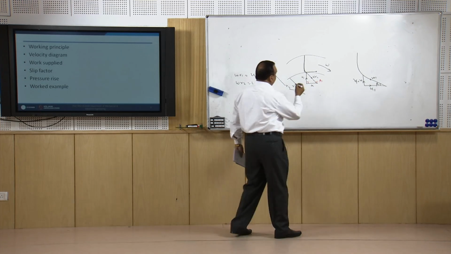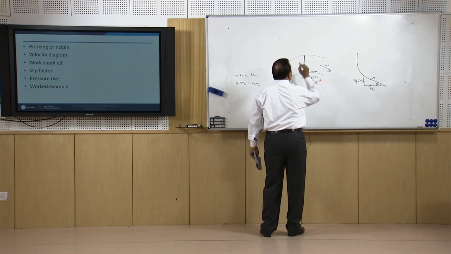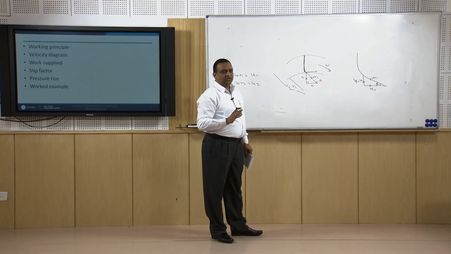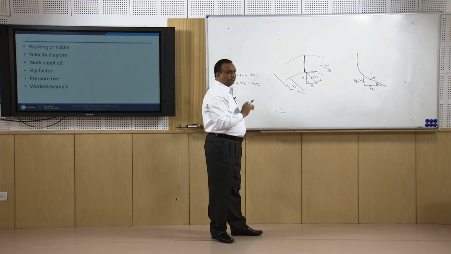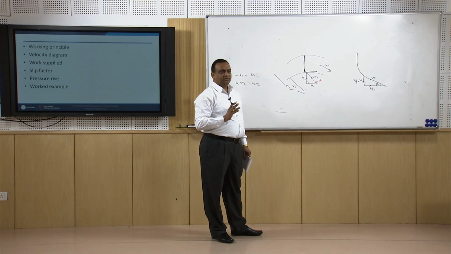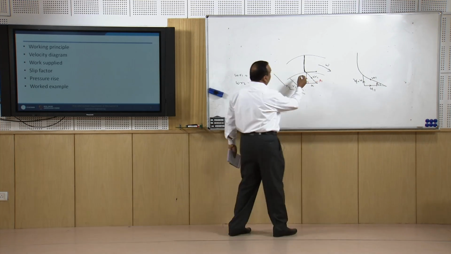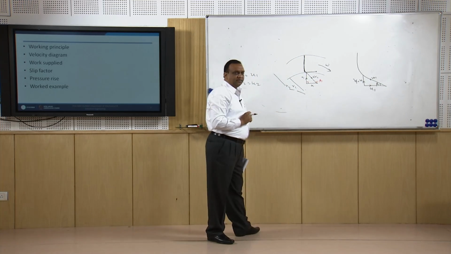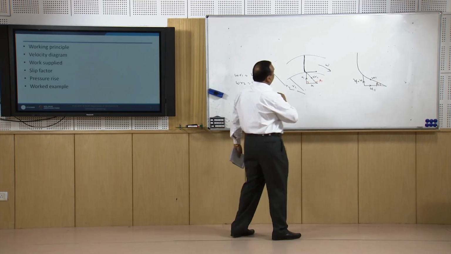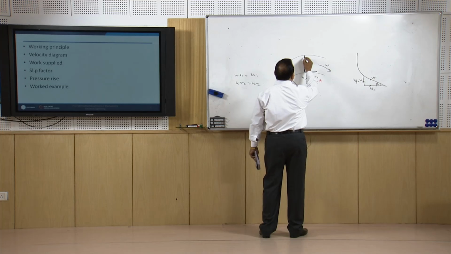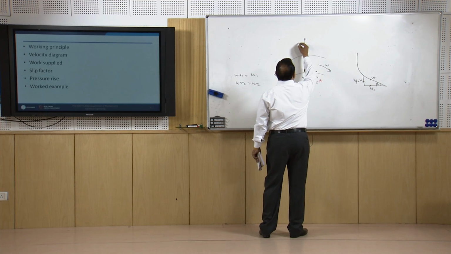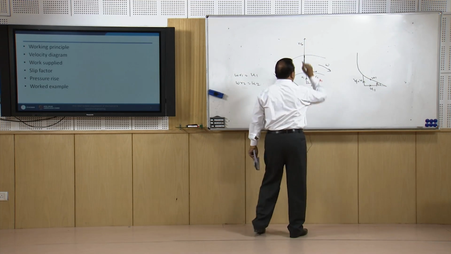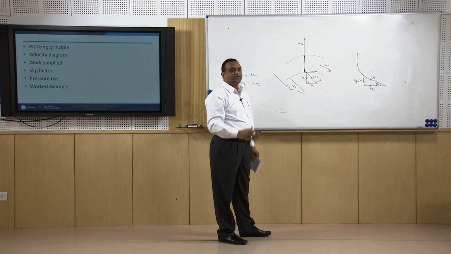Now, normally in gas turbines, the radial blade type is used because RPM is very high. That is why the radial fan type of centrifugal compressor is used. Now, at the outlet, this is going to be the relative velocity, right, because it is radial.